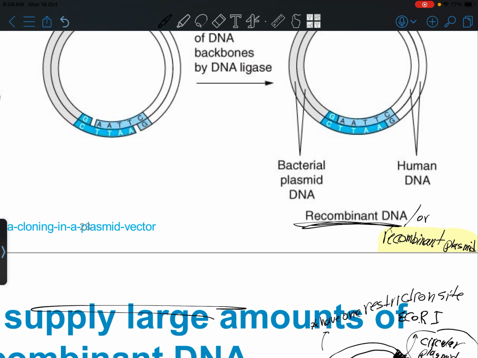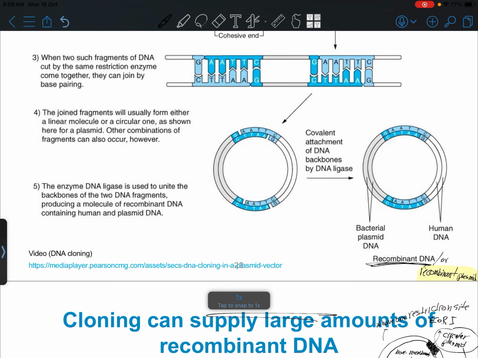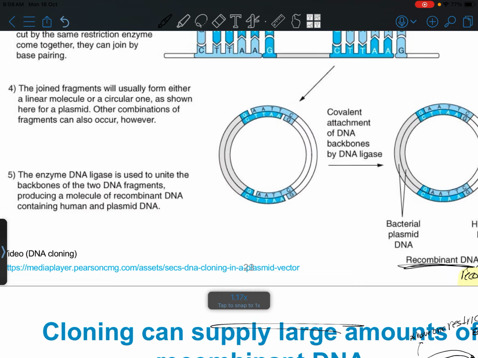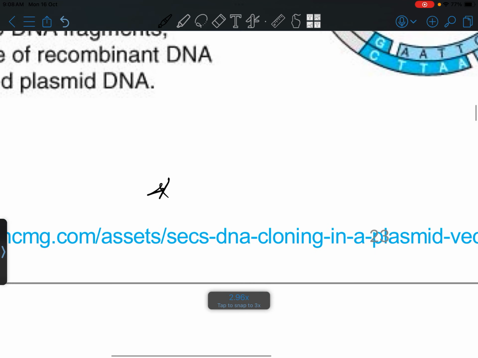Why? Yes, because we need to make millions of copies of this plasmid, which means we will be making what? Millions of copies of the DNA we clone. And this is the purpose of cloning.